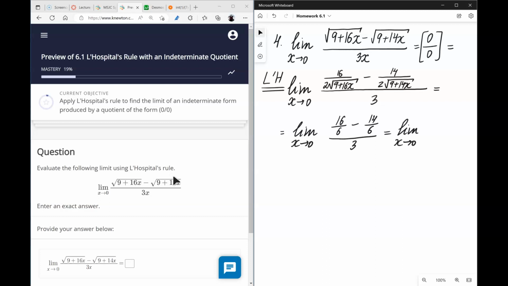So we actually don't need limit here anymore, because we just have a number. So this is the answer. This function seems to be continuous at 0, and it is equal to 1/9.